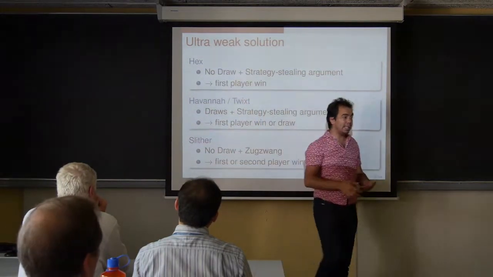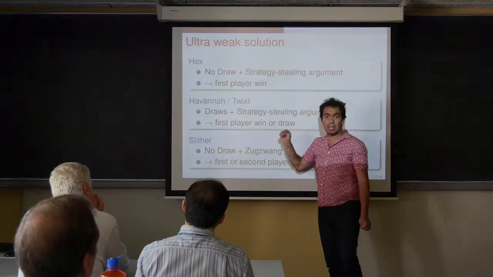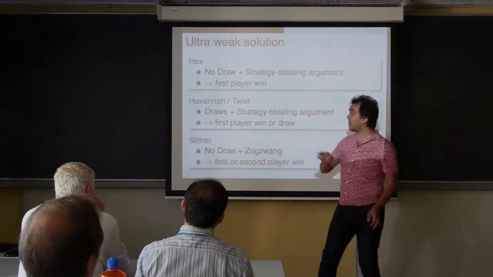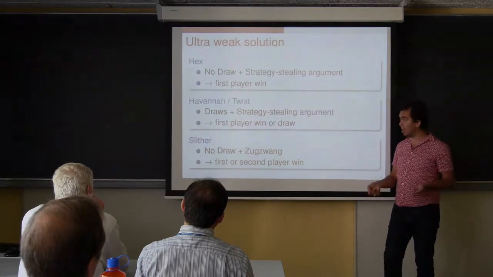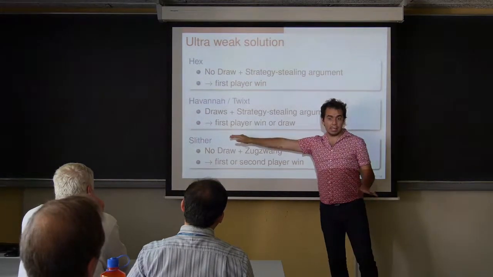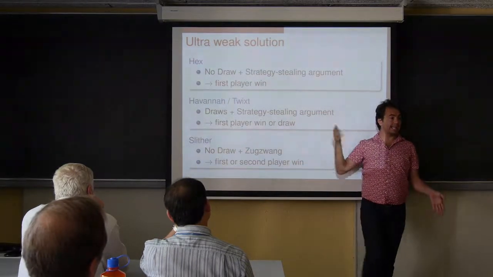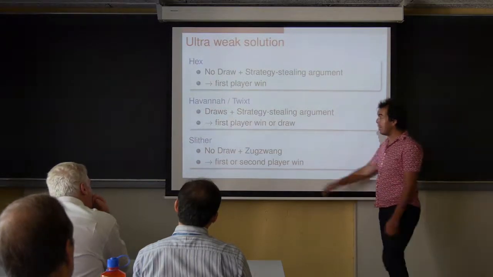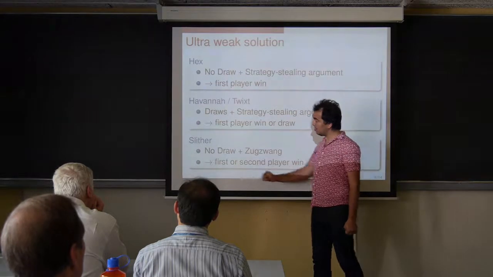This reasoning doesn't work for other games like Havannah and Twixt, because in Havannah and Twixt you can have draws. There is no zugzwang, so we can apply the strategy stealing argument, but the best we can come up with as a theoretical result is either a first player win or a draw. And Slither is slightly different from these connection games in the sense that we can't apply the strategy stealing argument, but there are no draws.